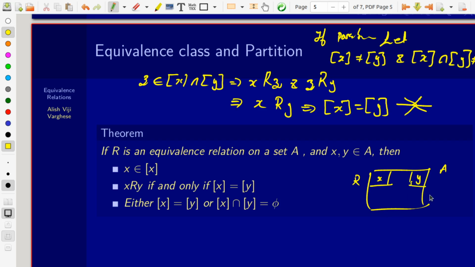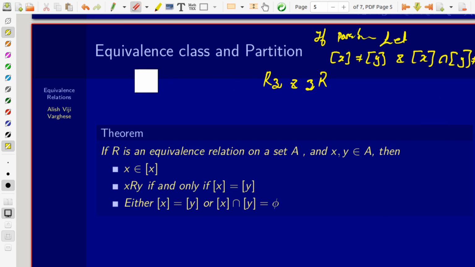Then if you take another element z, if z belongs to either of these equivalence classes, the equivalence class is the same as that of x or y. If it is not, then there is a new equivalence class which is distinct from the equivalence class of x or y. The intersection between two equivalence classes is either the null set or they are the same. If you take two arbitrary equivalence classes from the set, they either coincide or they are entirely different.